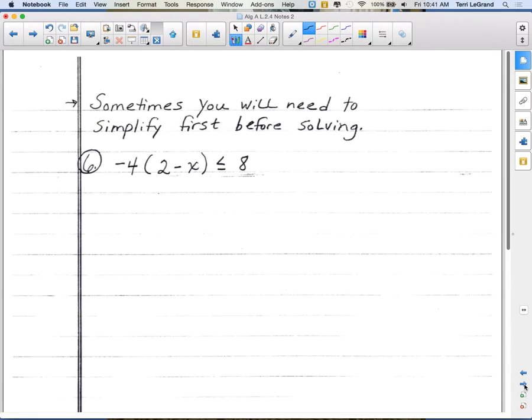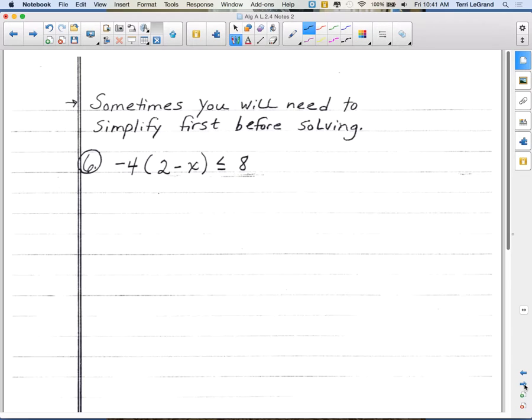Sometimes you will need to simplify first before solving. In other words, simplifying means you're only going to do it where it needs to get done. You don't have to do the same thing on both sides. So you could times the 2 by negative 4 and then minus, put the minus sign down, and then negative 4 times x. Yeah, now we have to be careful though.